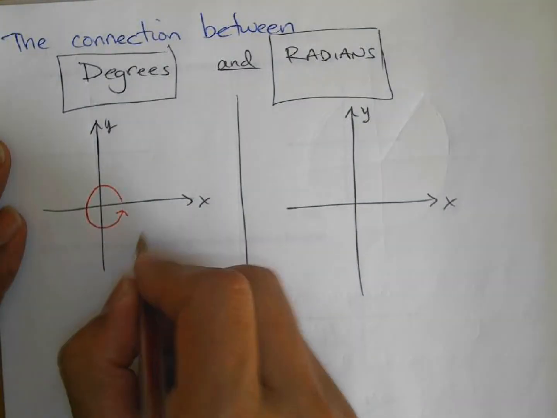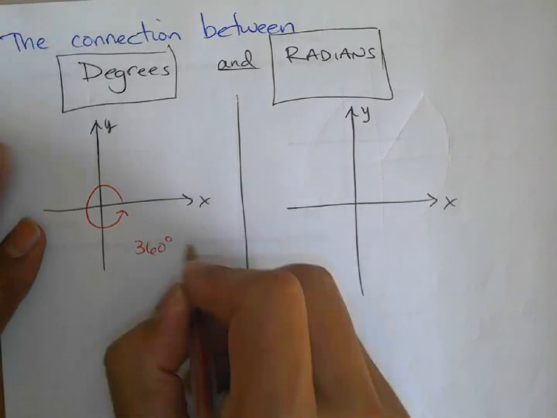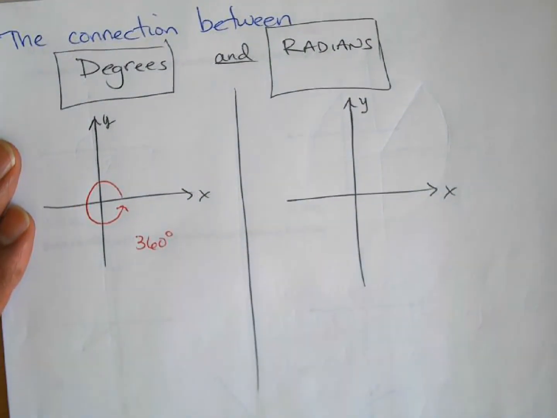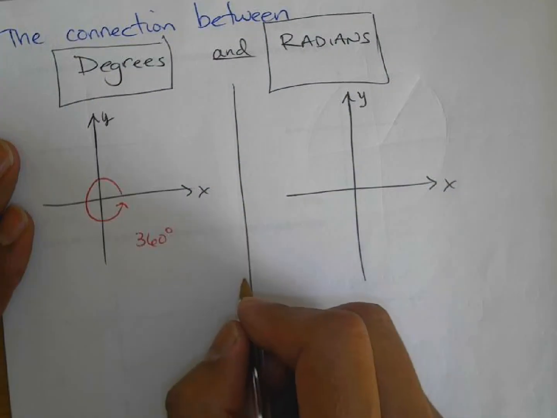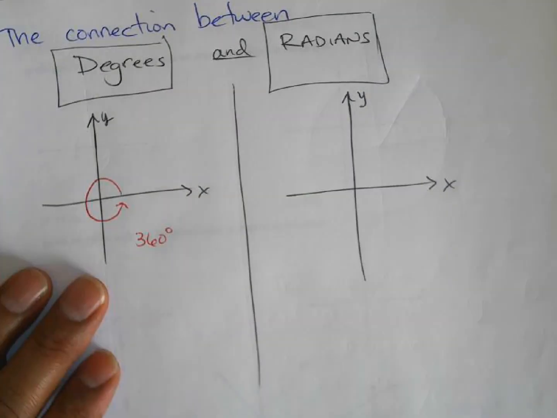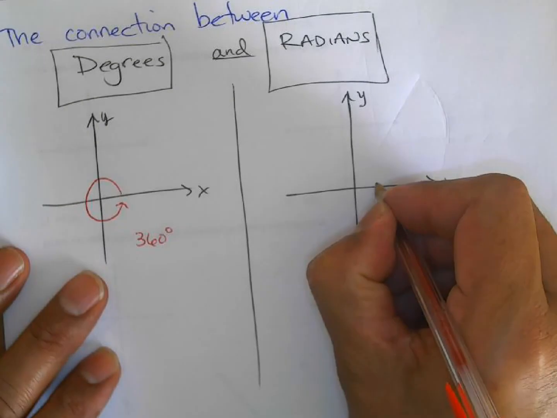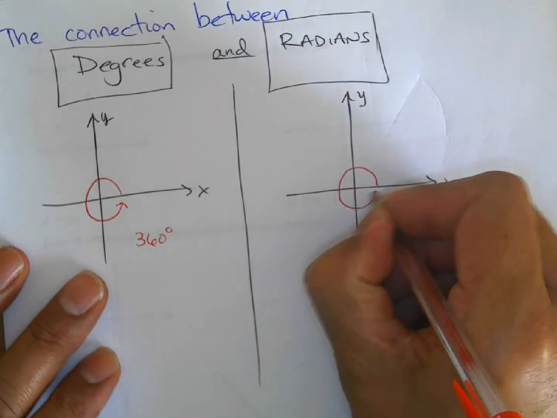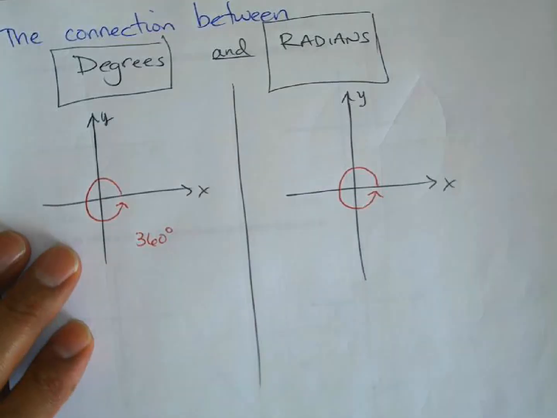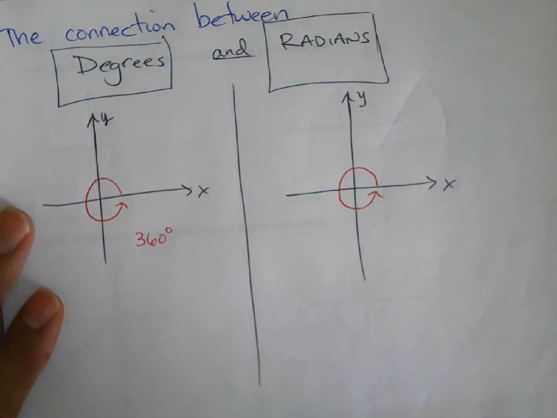This in degrees would be what? 360 degrees. Here, in radians, a complete rotation is 2 pi.